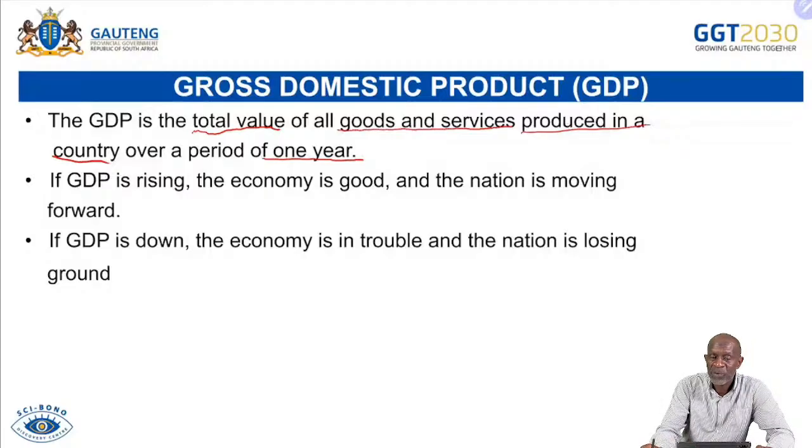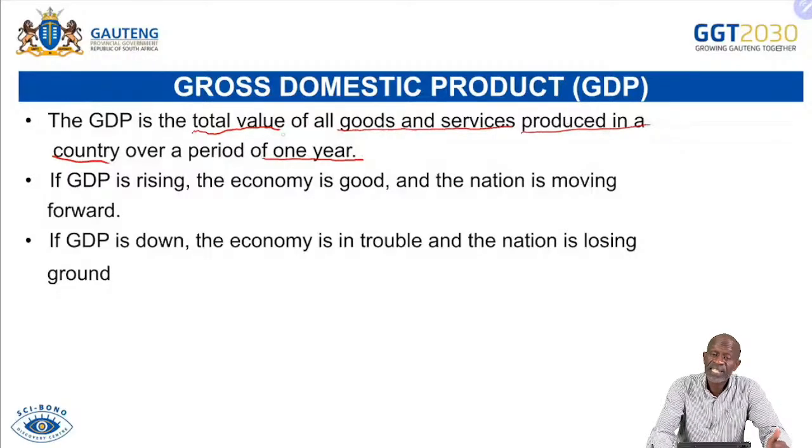These are your key words in your definition. All these words that I've underlined must feature. The total value of goods and services produced in a country over a period of 1 year. That defines what GDP is.